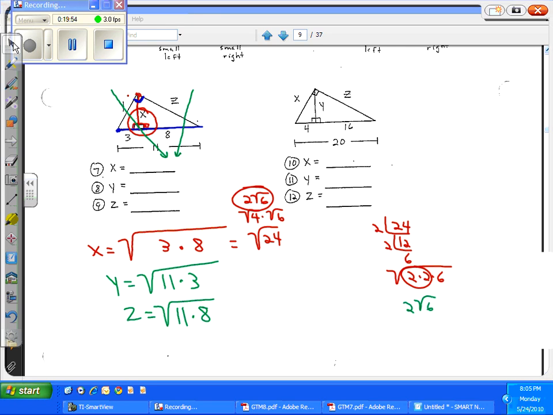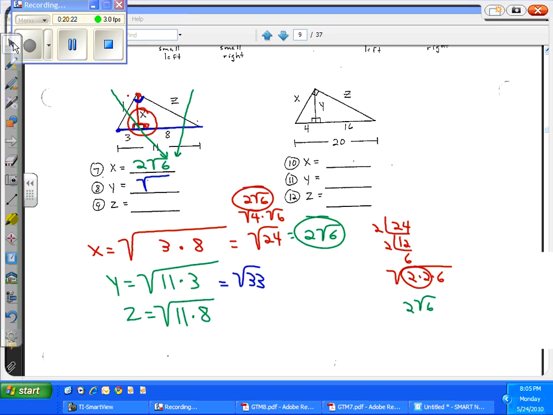Pop out a 2, in goes the 6. 2 square root 6, any way you go at it, for x. The altitude is the geometric mean between the two segments of the hypotenuse, or altitude is equal to the square root of piece times piece. Square root 11 times square root 3 is square root 33, which will not break down.